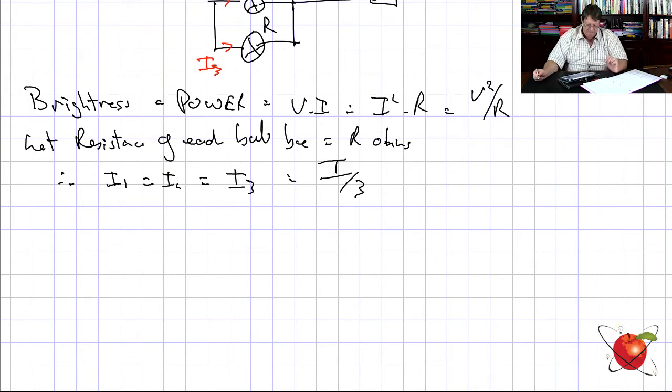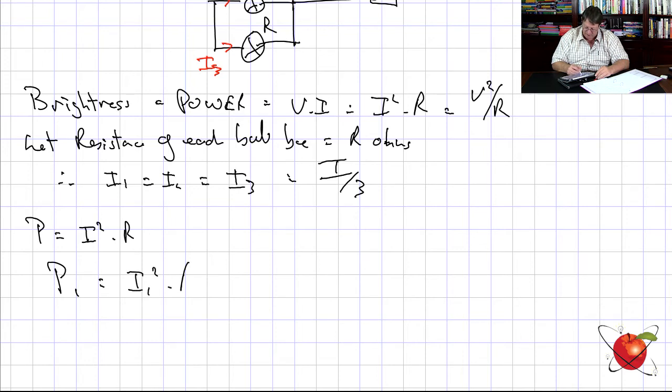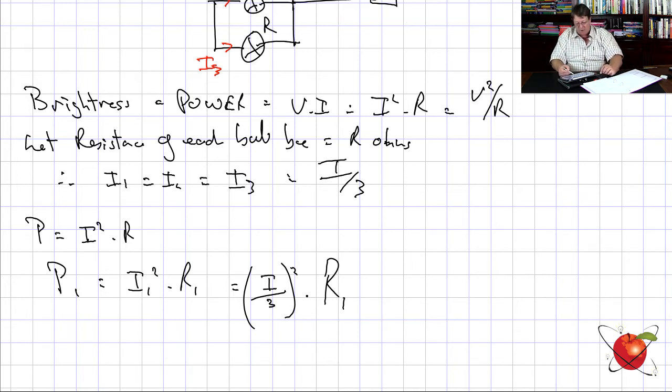Now, power is equal to I squared R. The power in bulb 1 is I1 squared times R1, which is the same as I over 3 squared times R1. And R1 is the same as R2 and R3, and the I going through is the same in each case. Therefore, the power in bulb 1 equals the power in bulb 2 equals the power in bulb 3. So they all glow equally brightly.